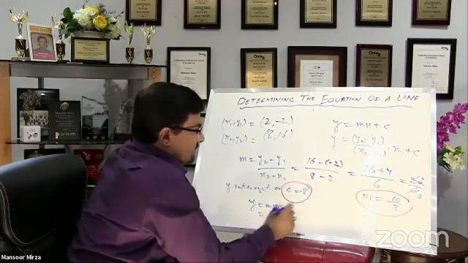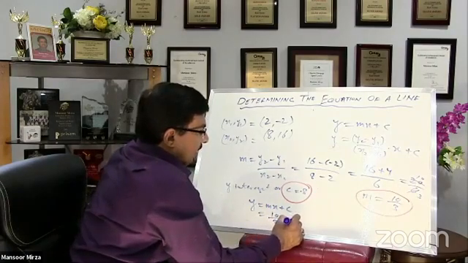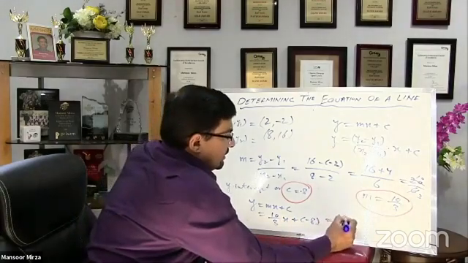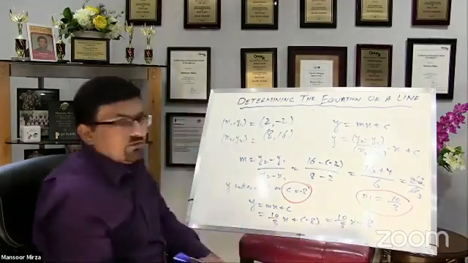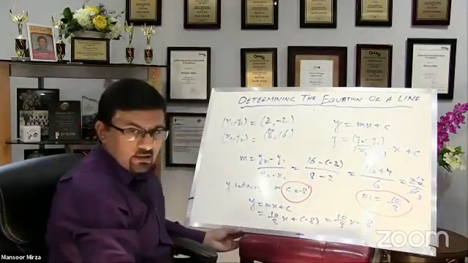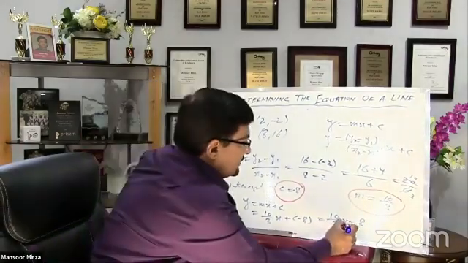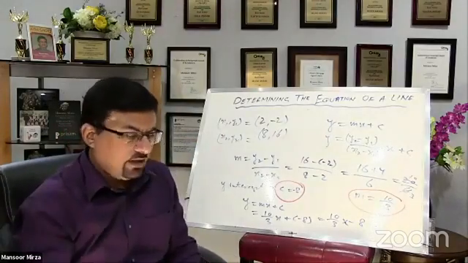When I insert these values, this becomes 10 over 3x plus this minus 8. The final answer will be 10 over 3x minus 8. So that is going to be our final equation. If it's reflecting, I believe you can see our final result is 10 by 3x minus 8.